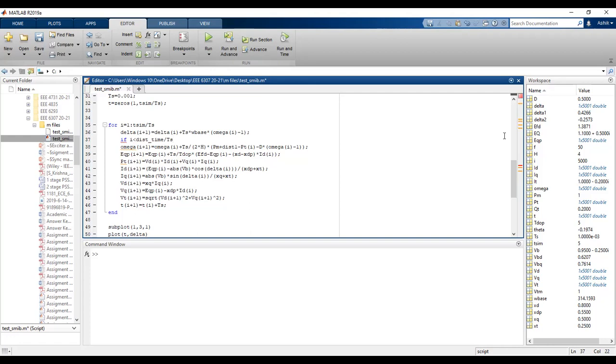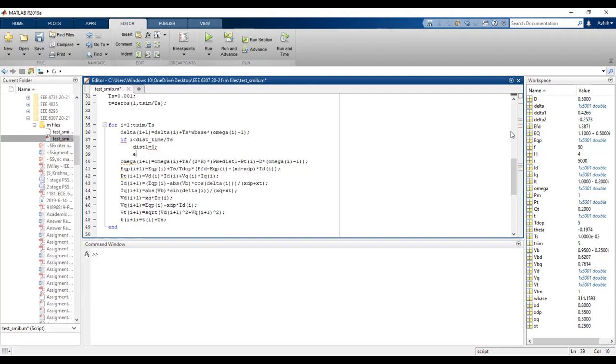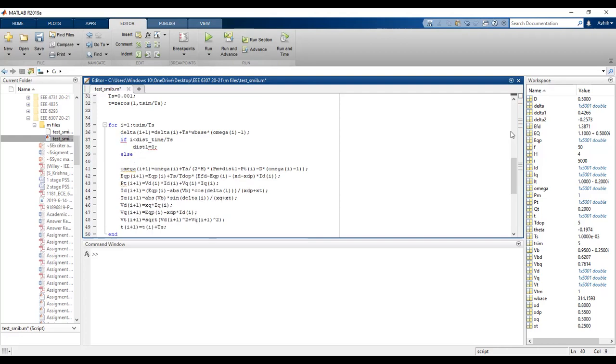So if I is less than that, then dist1 is equal to 0, else you give some value to dist1.